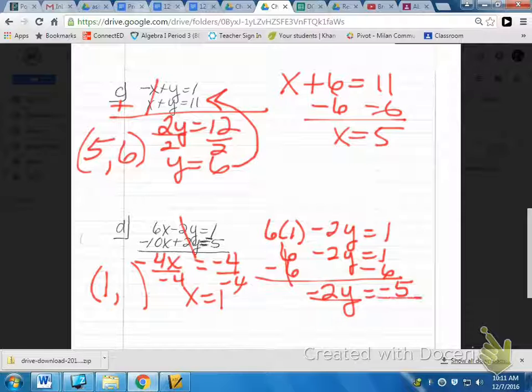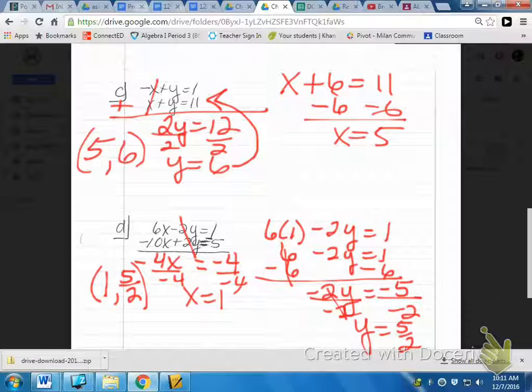If I divide by -2, here's one of those instances, it's going to be +5 halves because it's a negative over a negative. That would result in a positive. So my ordered pair would be 1, 5/2. Just leave the fraction, okay? Now I need to add a word problem at the end here.